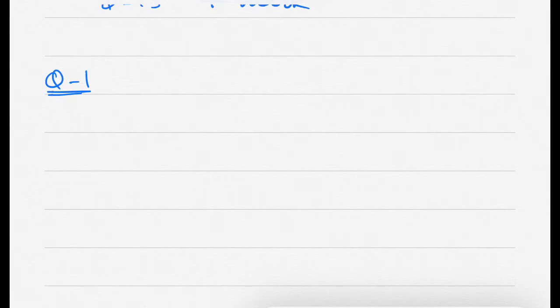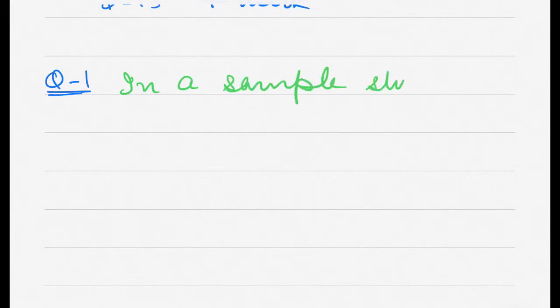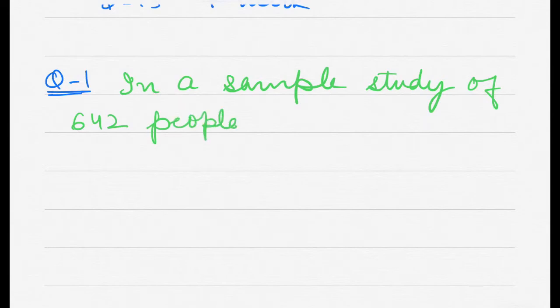In the first question it says, in a sample study of 642 people. By reading the question, I can find out that my total number of outcomes are 642.